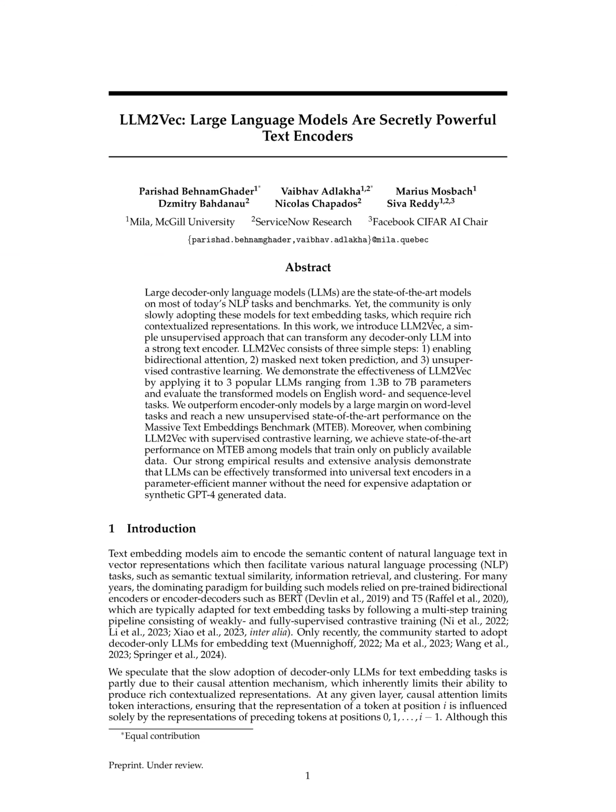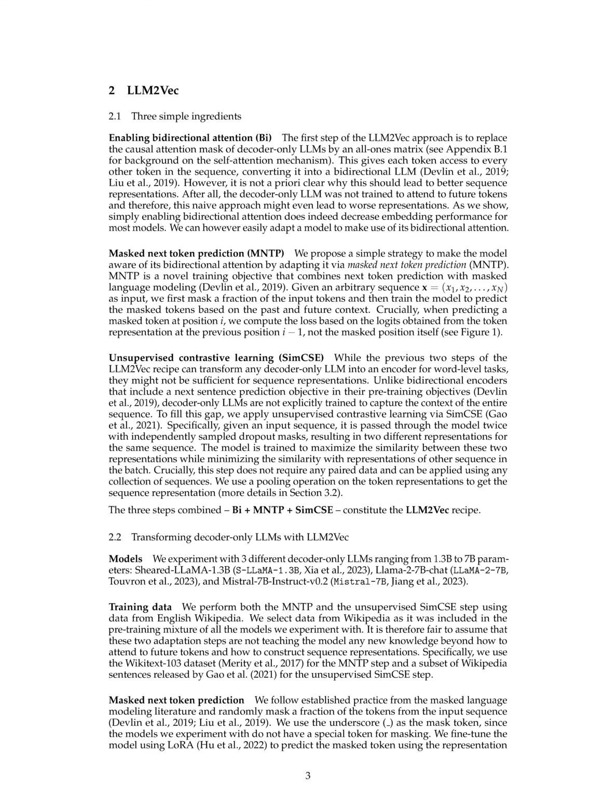Specifically, when applying LLM2Vec to decoder-only LLMs, it leads to significant improvements in performance on the MTEB tasks. By enabling bidirectional attention, adapting via masked next token prediction (MNTP), and applying unsupervised contrastive learning (CSSSE), LLM2Vec transforms decoder-only LLMs into strong text embedding models.